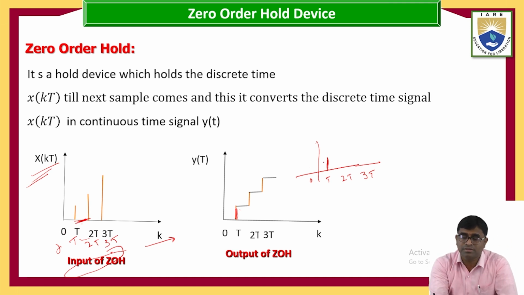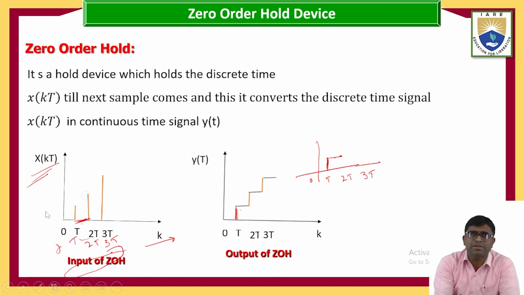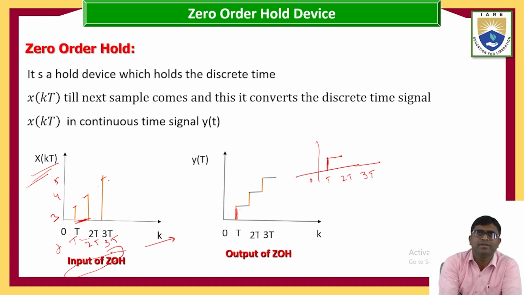So that is nothing but the zero order hold, up to here, up to 2T. And what is the magnitude at 2T? It is some value. If you take it, it is 3, 4, 5, 3, 4, 5.